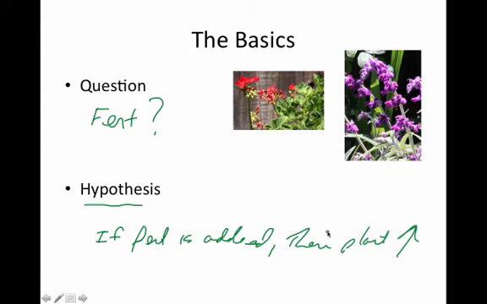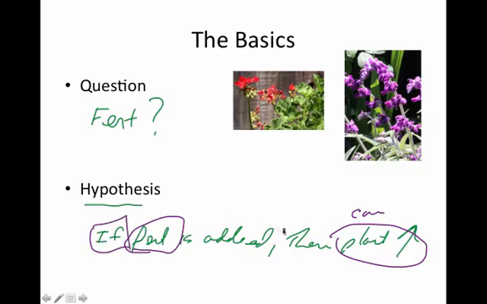I'm going to obviously collect plant height, so I can measure that, often in centimeters. And I'm going to add fertilizer, which often is a combination of nitrogen, phosphorus, and potassium. So I have formulated a hypothesis, which hopefully will then be able to give me the results of a cause and an effect of whether or not fertilizer is going to be an additional factor of adding plant height.